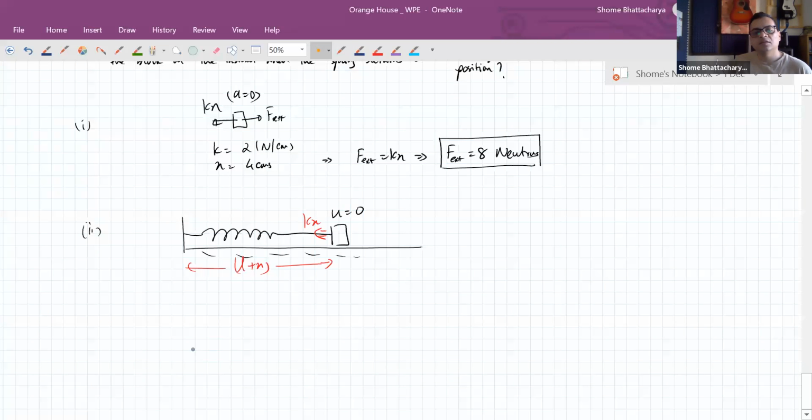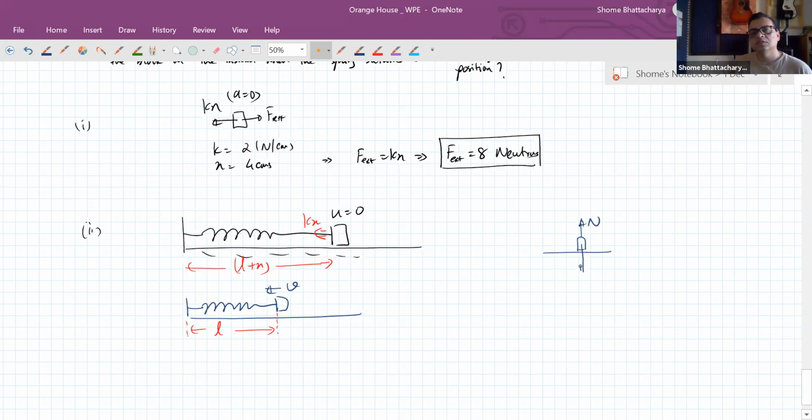This kind of force is acting, and this is what we want to find out when this is back to natural length. So we can see that on the block only one of the forces is doing work, because normal reaction and mg are acting perpendicular to the displacement. It is only spring force that is doing work.